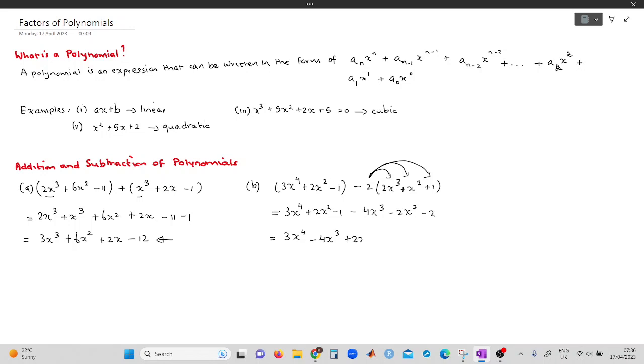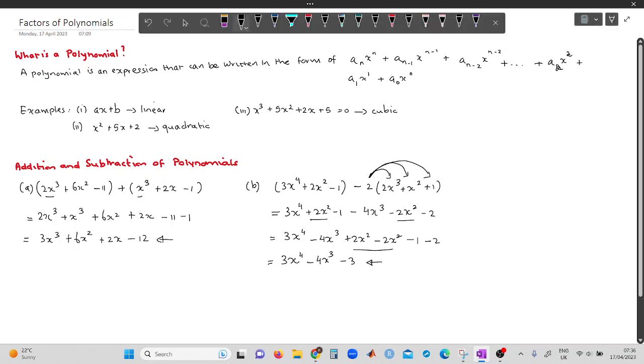Plus 2x squared minus 2x squared, these two go together. And lastly, I have the constant terms minus 1 and minus 2. So when I simplify, I will get 3x to the power 4 minus 4x cubed. The x squared terms cancel out, becoming 0. Minus 1, minus 2 gives me minus 3. Alright? So this is how we do subtraction and addition of polynomials.